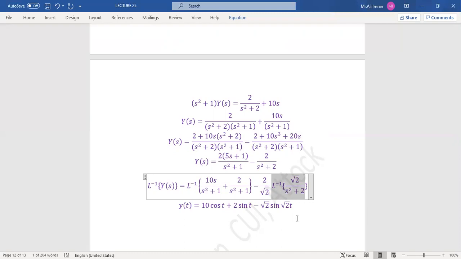Hopefully, if you study this lecture keenly, you can easily understand the concept of Laplace and inverse Laplace transform, and using these to solve ordinary differential equations. So study this carefully. Okay, Allah Hafiz.